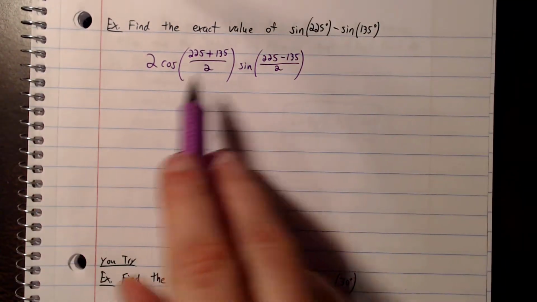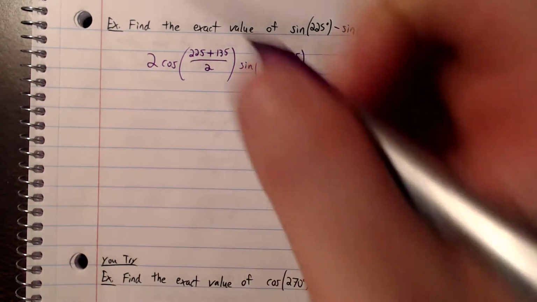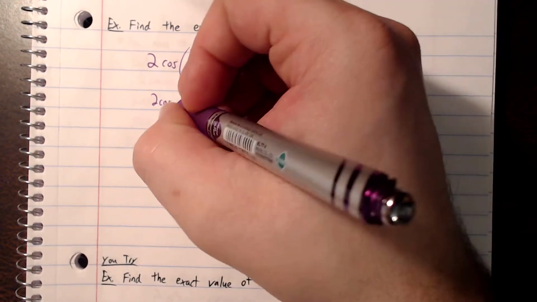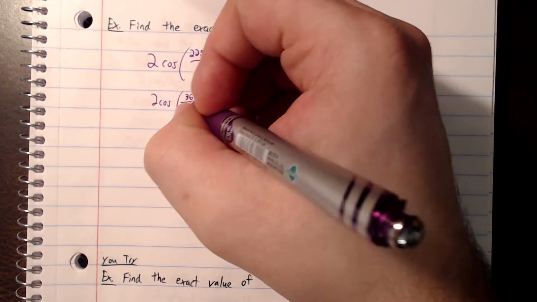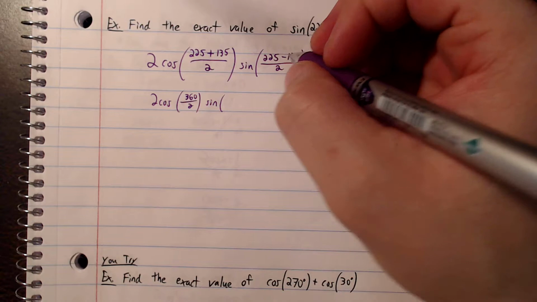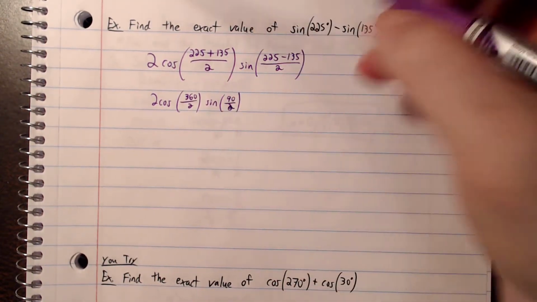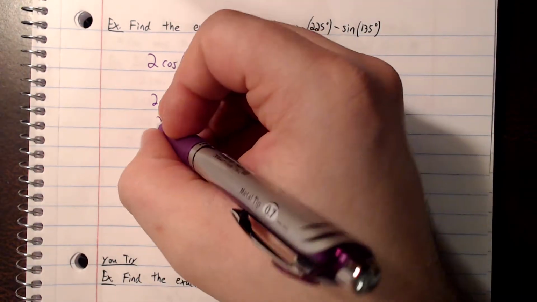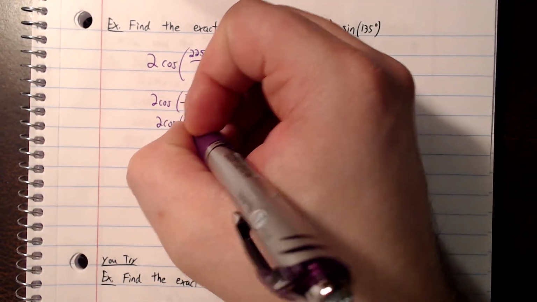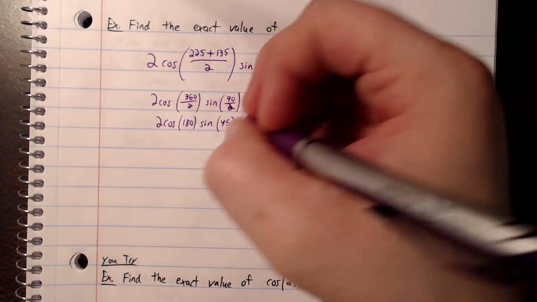Right, just plugging into the formula. It's pretty simple. So let's see, 225 plus 135, that's going to be 360. 225 minus 135 gives us 90. 360 divided by 2 is 180. 90 divided by 2 is 45.